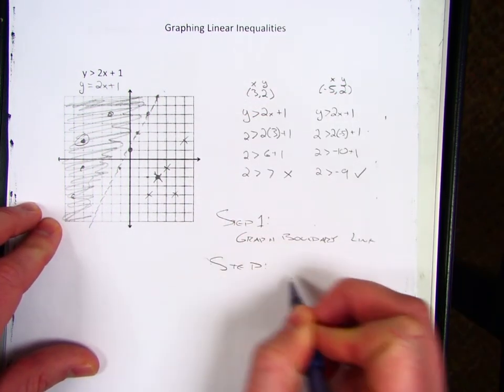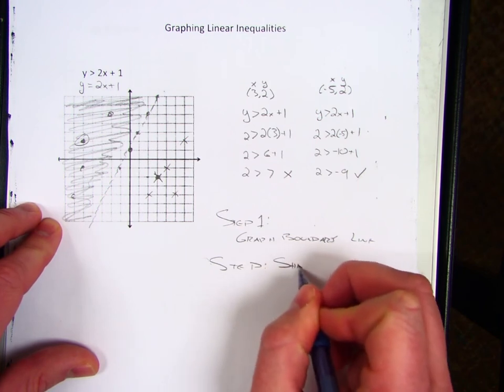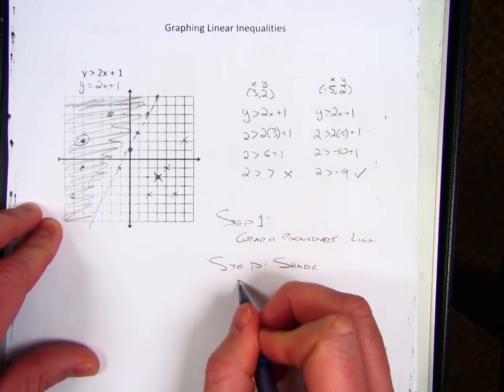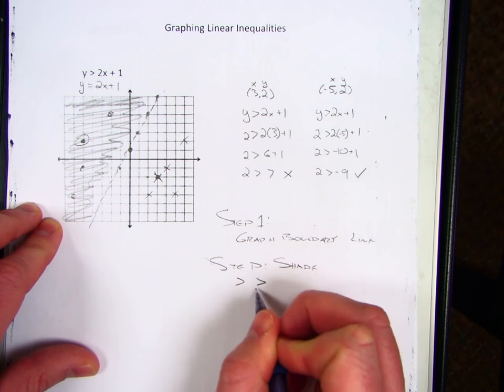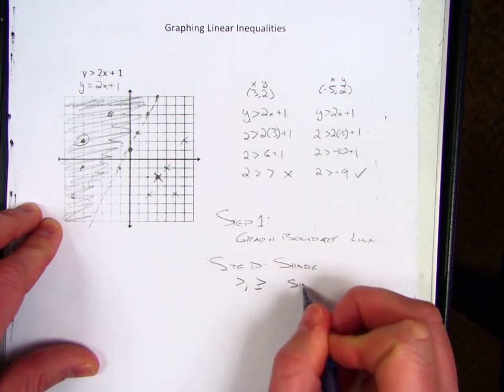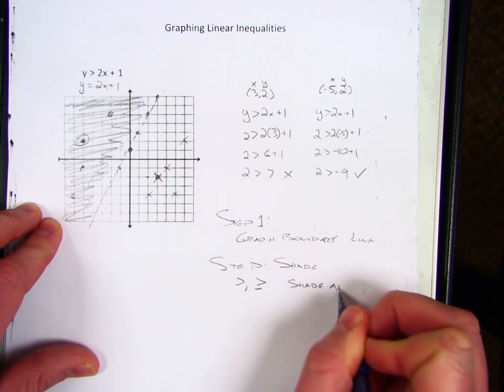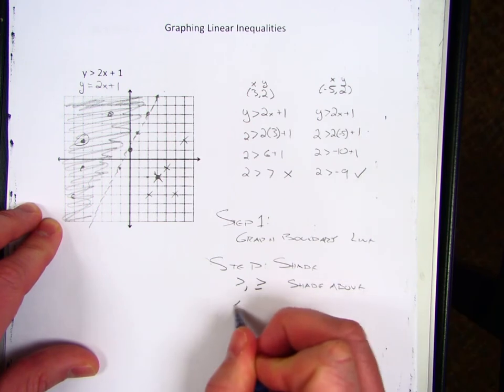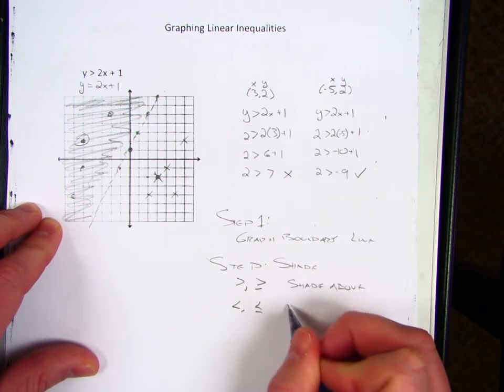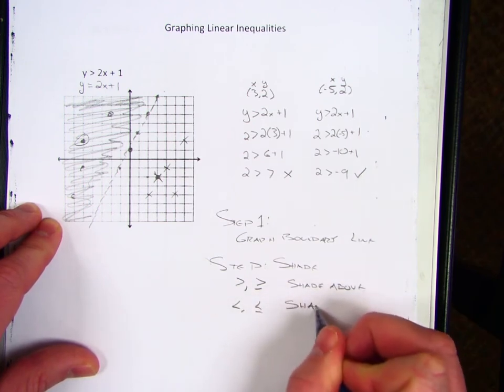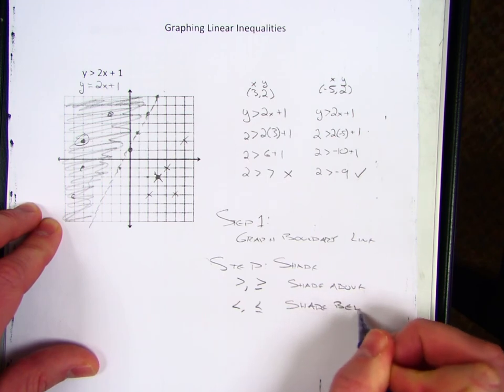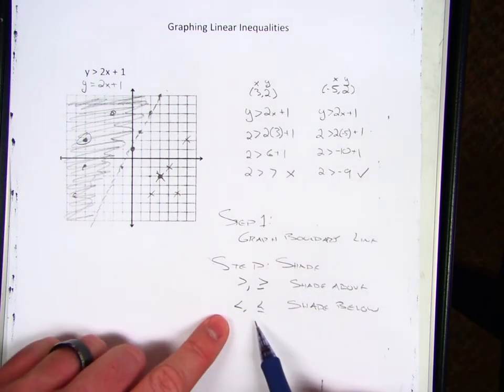So step 2, we're going to shade. Meaning if I have a greater than or equal to, it's going to be above the line. But if I have a less than symbol or less than or equal to, that means we're going to shade below the line. And so this is what I call the cheater method.